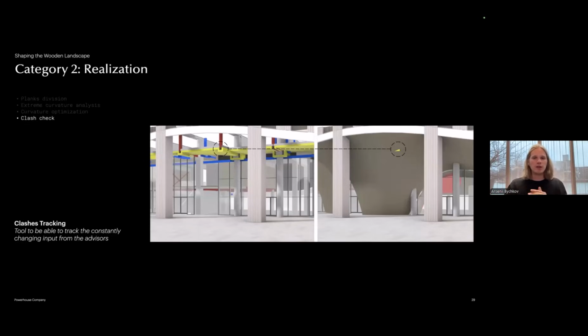So what we did, we actually inverted the process. We took the information from the advisors and built a super simple tool, and I will show you in a moment how it works, that allowed us to check those critical points that were coming a bit too close to the surface of the ceiling and were sometimes also sticking out from the ceiling, so that we could readjust the initial ruled surface shape and eventually get all of those installations behind this ceiling surface.